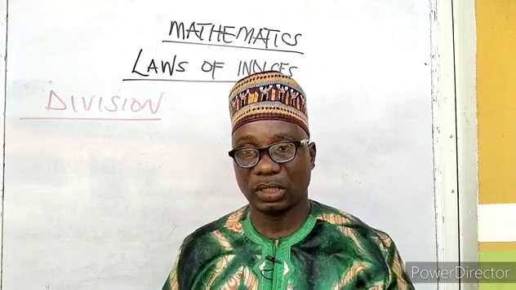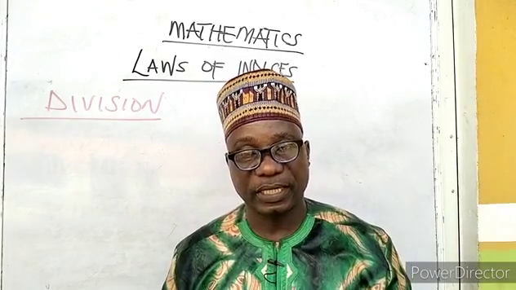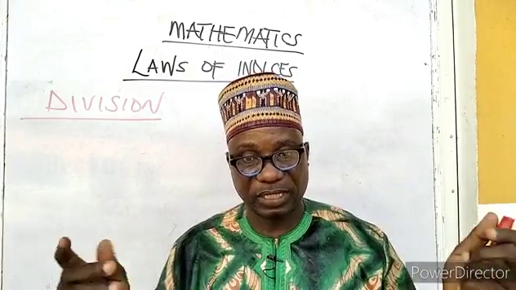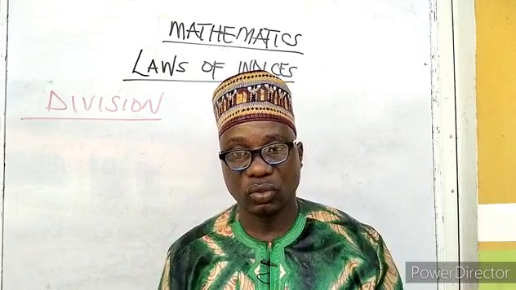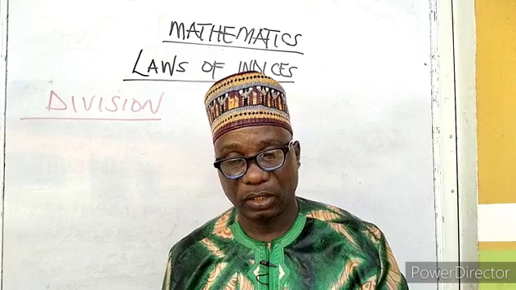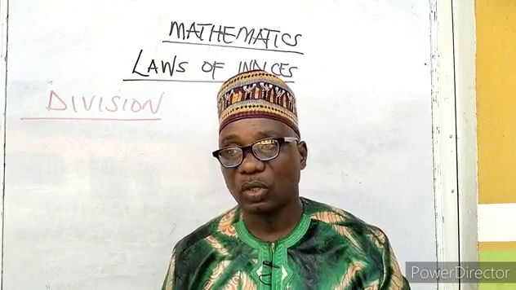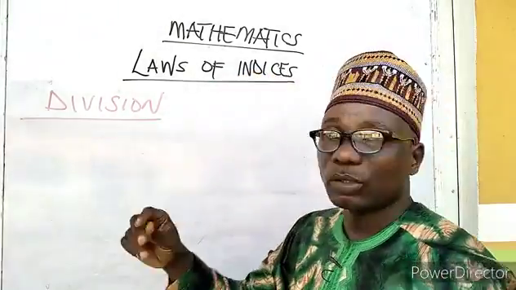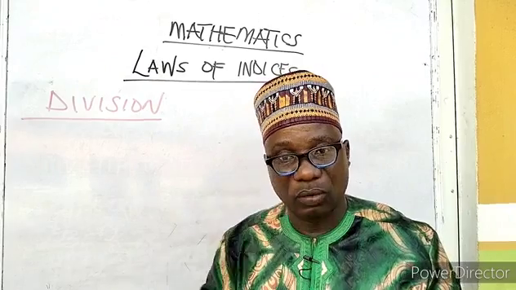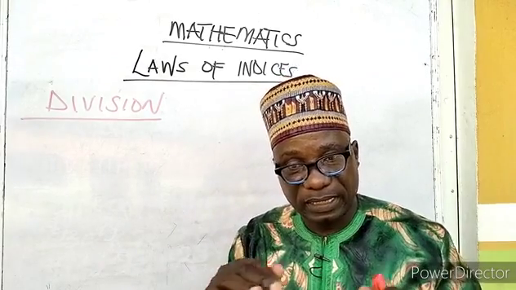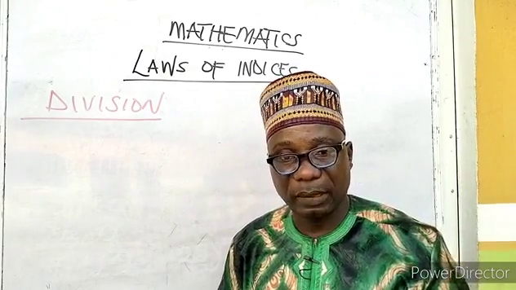Now, the other time we dealt with multiplication. That is multiplication of two numbers that are written in what? In index form. So now, this time around, I want to derive a law for numbers that are in division form.